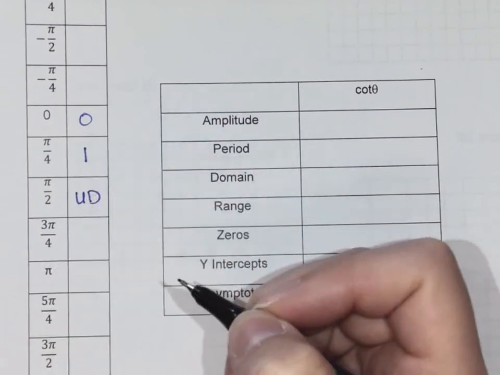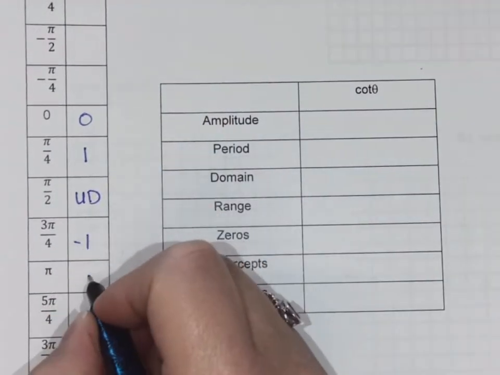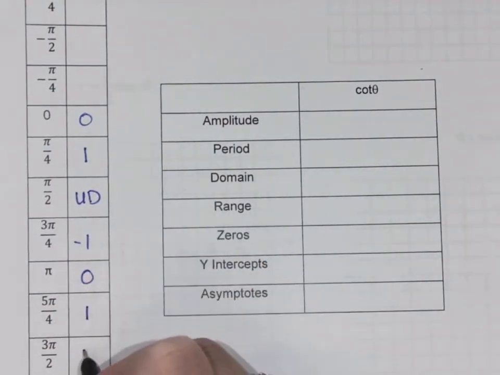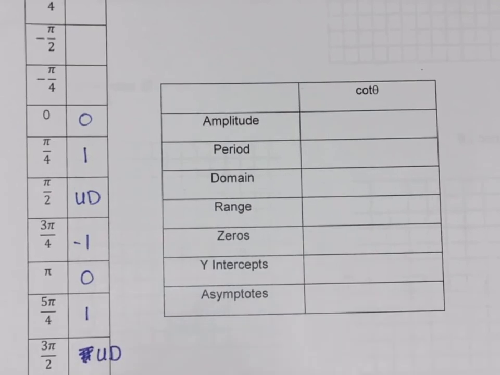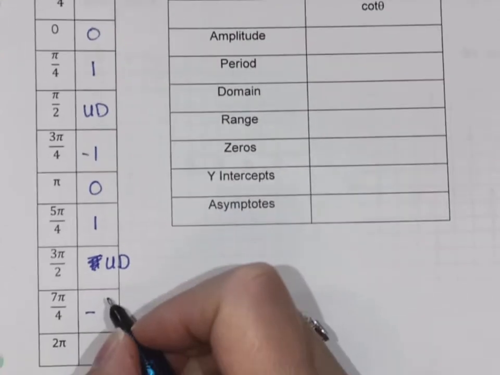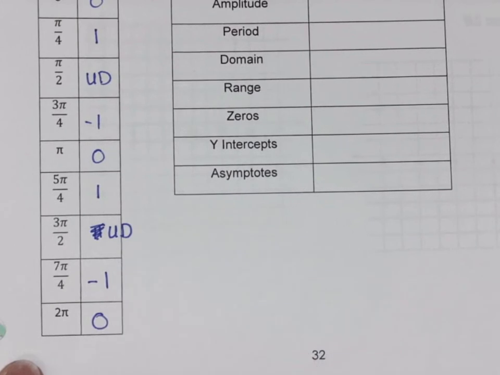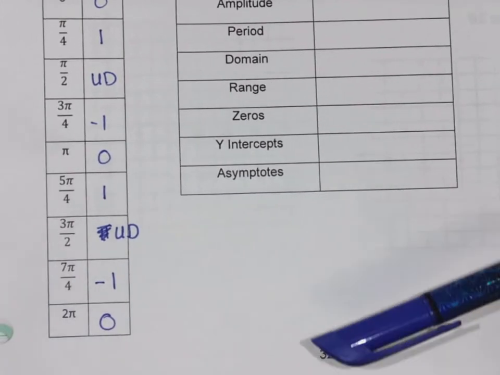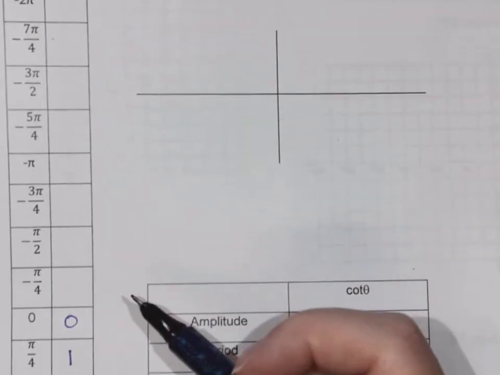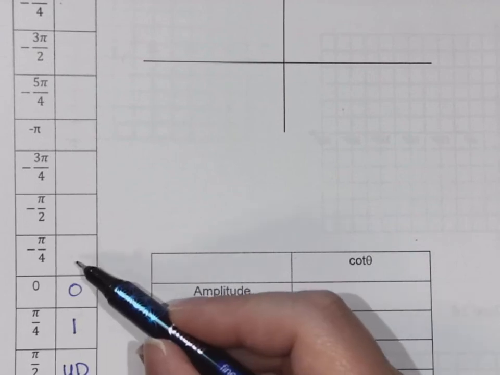Negative 1, 0. So we're just following the pattern. If we have a positive 1 and a 0, what's this one? Undefined. A negative 1. Then we're undefined, 1, 0, 1, 0, negative 1, undefined, undefined, 1, 0, 1, 0.